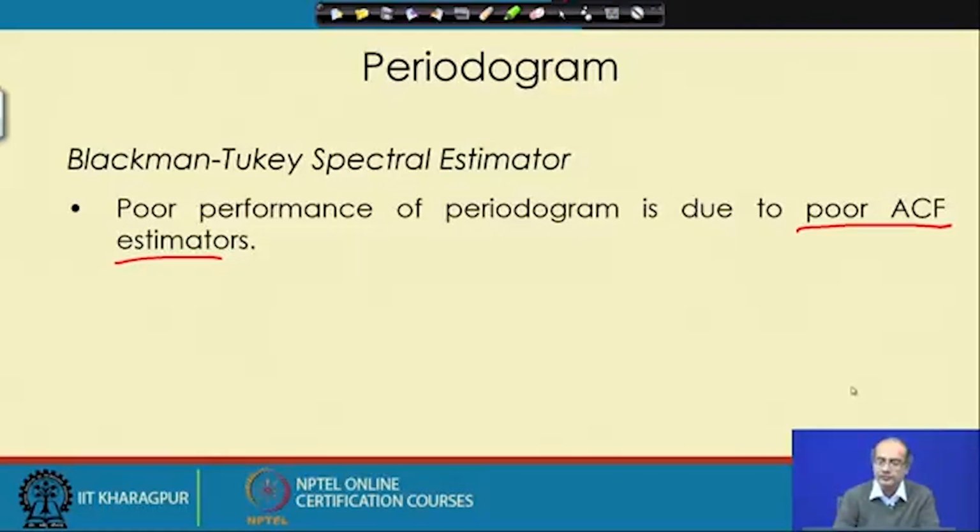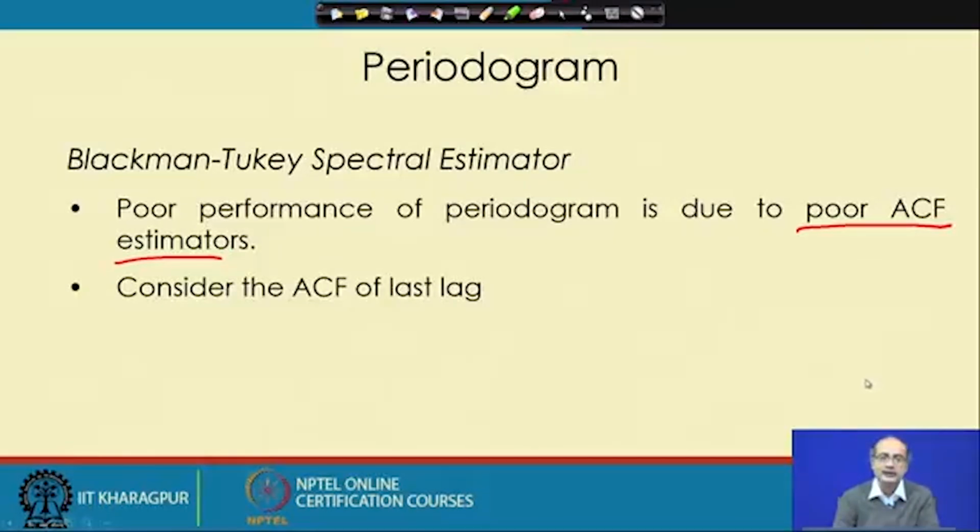They suggested that the ACF is the real cause of the trouble, and for that they took the weakest point of the periodogram, the last lag of the ACF.